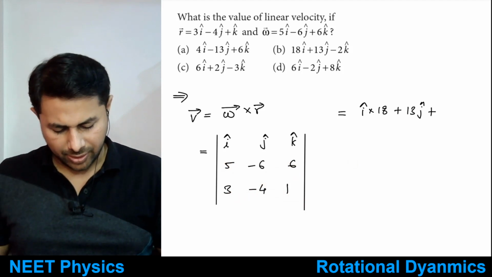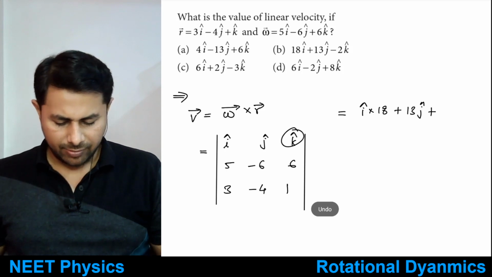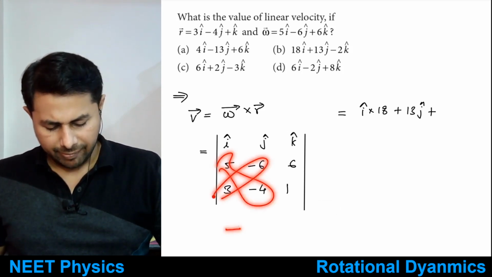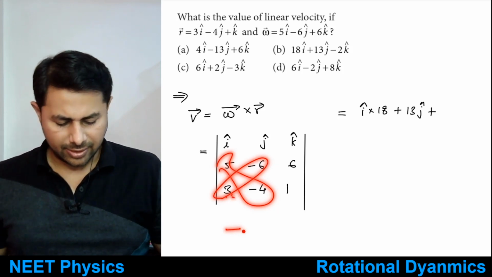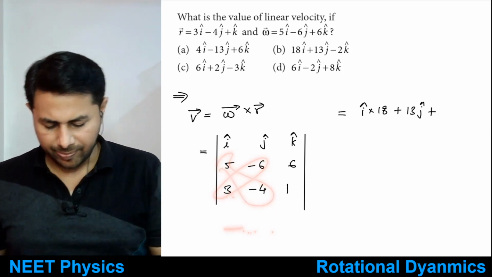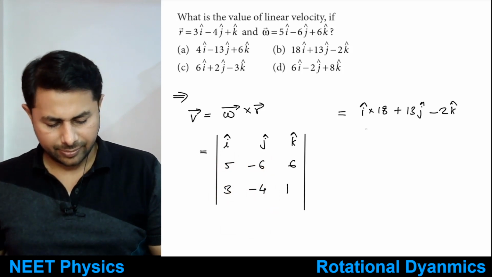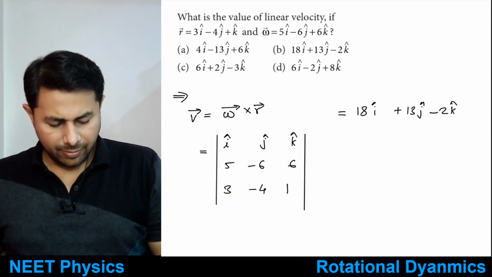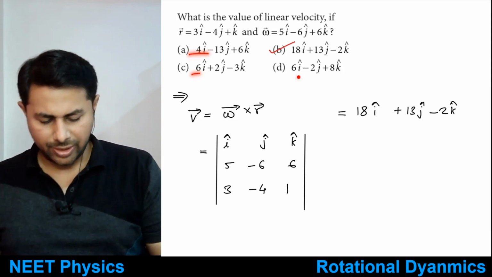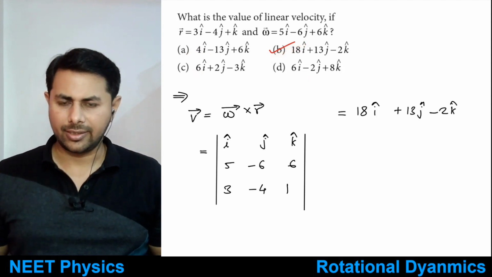Plus k cap multiplied by 5 times minus 4, which is minus 20, minus minus 18. That minus 18 on the negative sign becomes plus 18, minus 20 plus 18 is minus 2, so minus 2 k cap. So that is your answer, it's option B. Because there was no 18 in any of the other options, we could just say that it is option B right there.